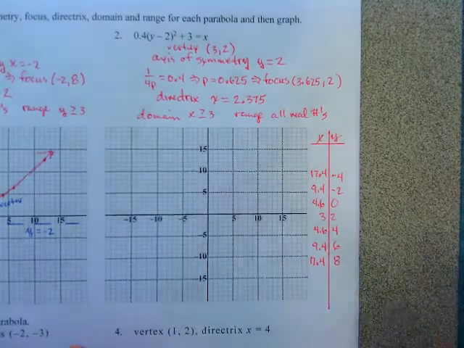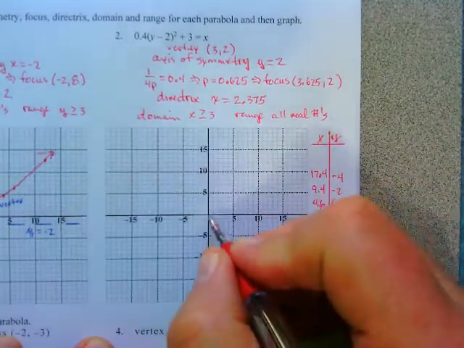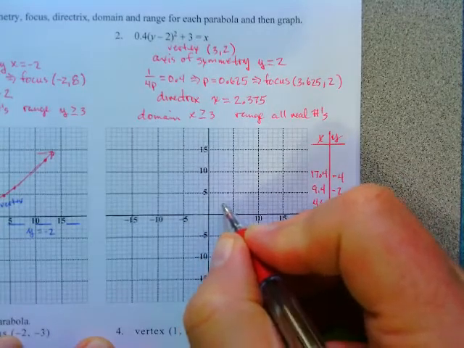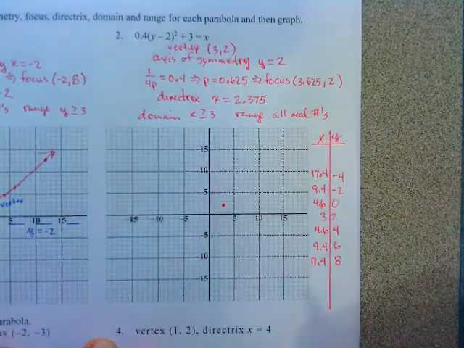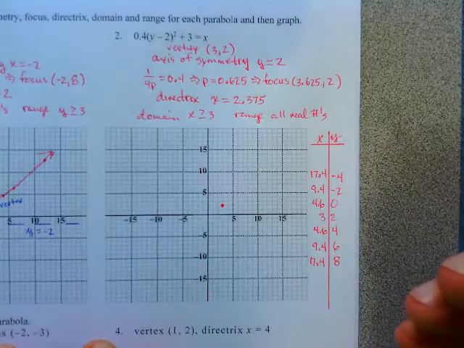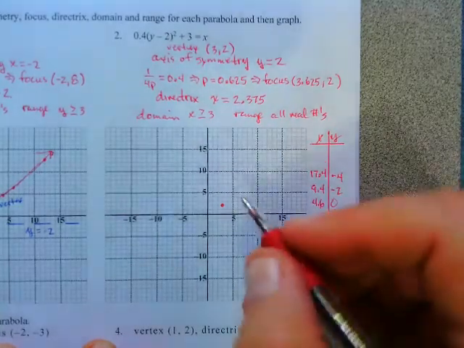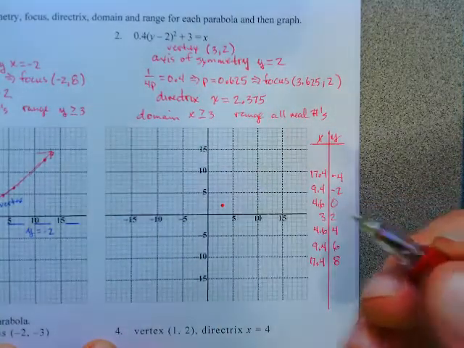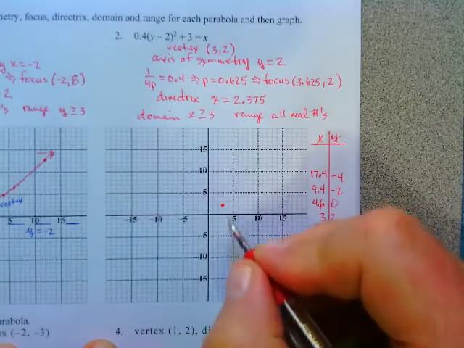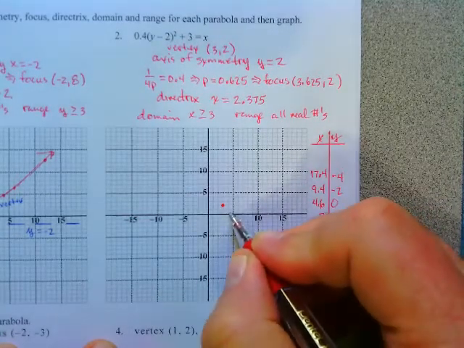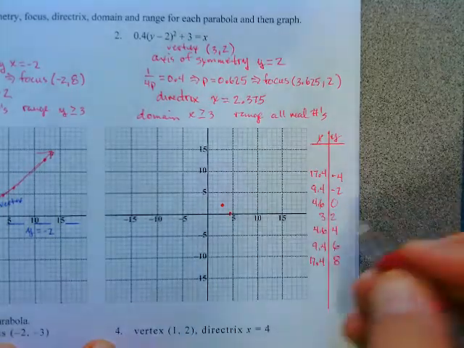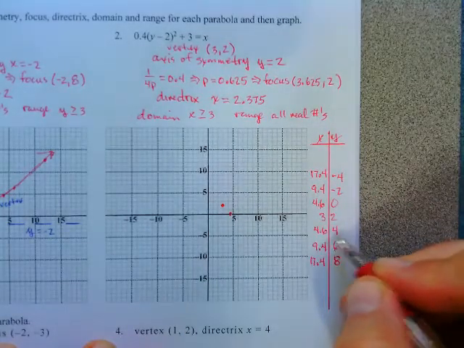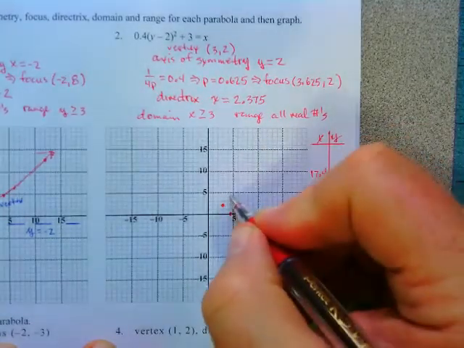So first off, we have 3, 2 for our vertex, 3, 2. And then about 4.5 is at 0 for the y, and 4.5 is at about 4, so we'll put that right here.